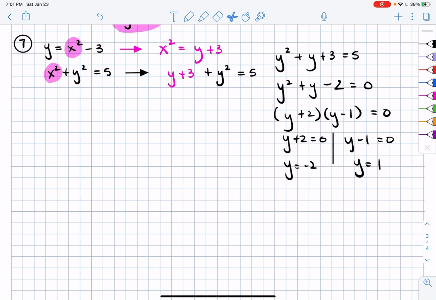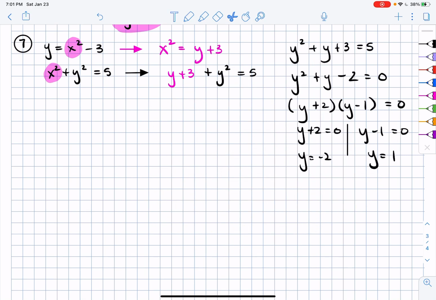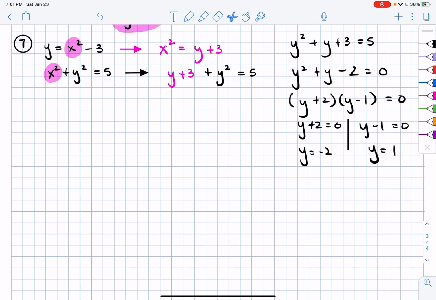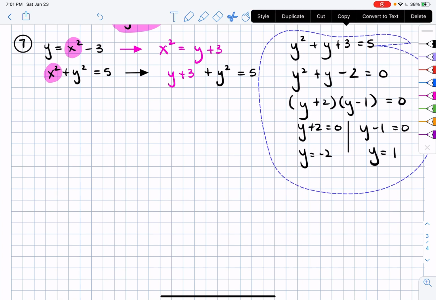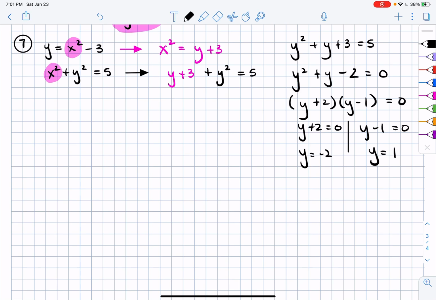I'm going to throw this up here. There we go. So from there, I'm going to go this way. There we go. All right, just so you guys can see. So once I have that, what I have to do is take each one and plug it into both equations.